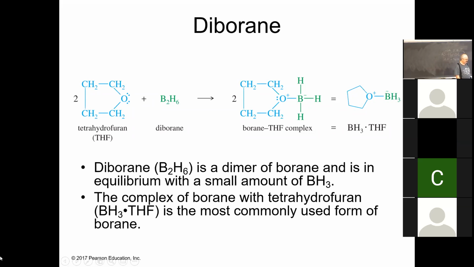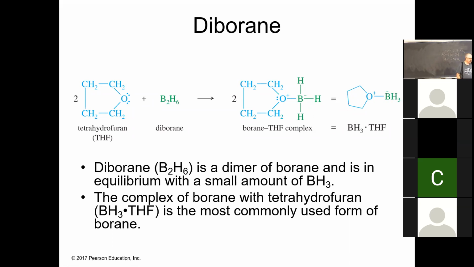Okay, a much more convenient way of doing hydroboration is to use a borane THF complex. By reacting tetrahydrofuran, which is a cyclic ether, also called THF, with diborane, we form this complex.